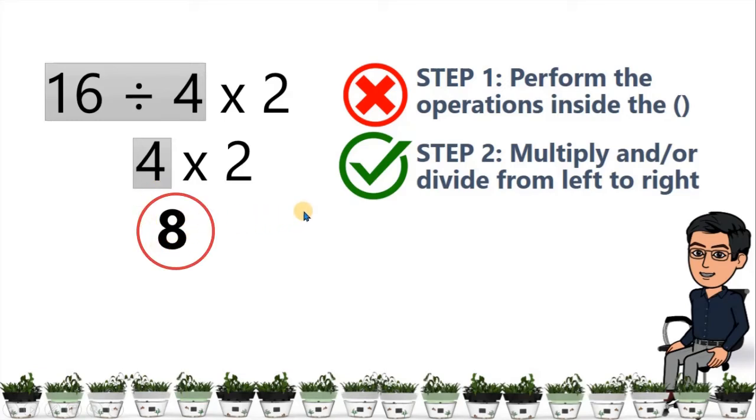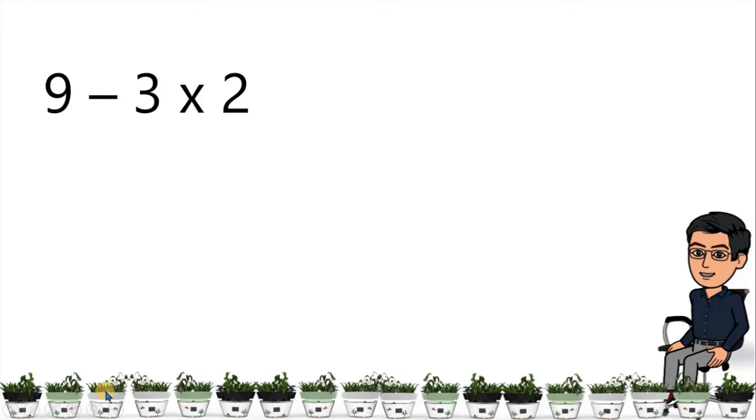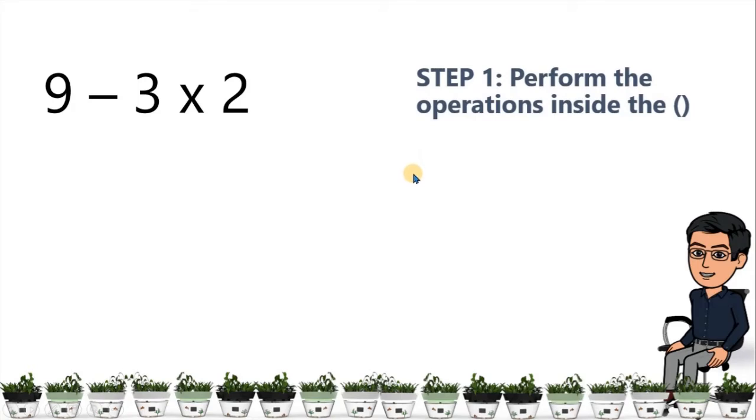Let us have our third example. 9 minus 3 times 2. Let's consider again our steps. Step number 1. Do we have operations inside the parentheses? Again, there is none.